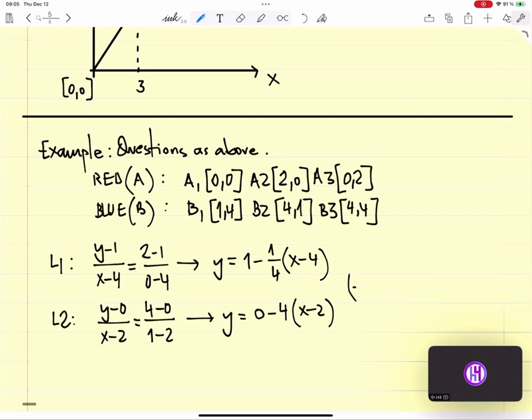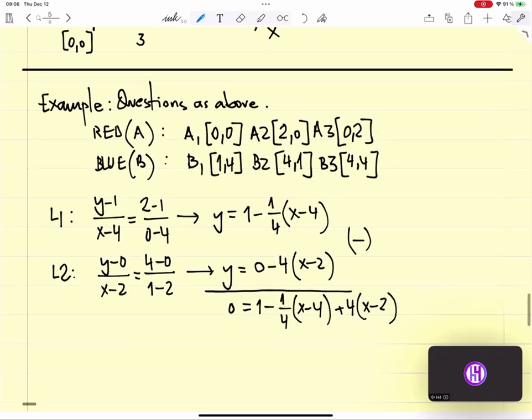If you subtract both, you get 0 equal 1 minus 1 divided by 4, x minus 4, plus 4 times x minus 2 in 0. So forwarding it more, you get 0 equal 1 minus 1 divided by 4x0 plus 1 plus 4x0 minus 8.